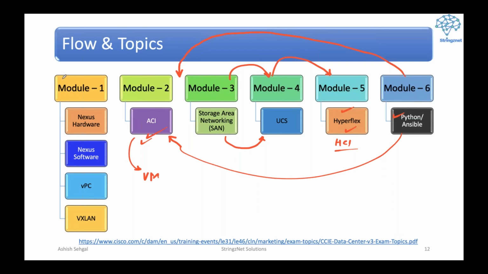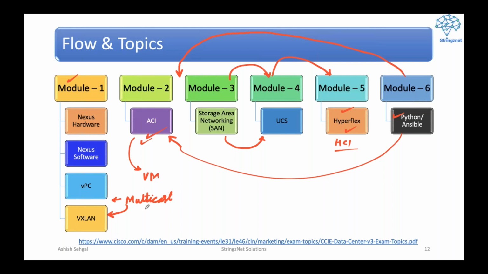One thing with regards to module number 1, I have missed one small component of module number 1, that is called multicast. Why multicast? For the purpose of VXLAN. VXLAN is of course a lab oriented module where we have got 2 different labs to do hands-on.